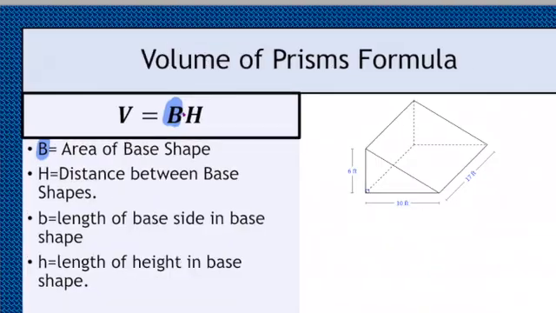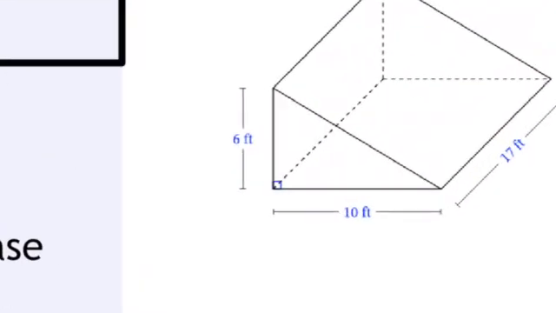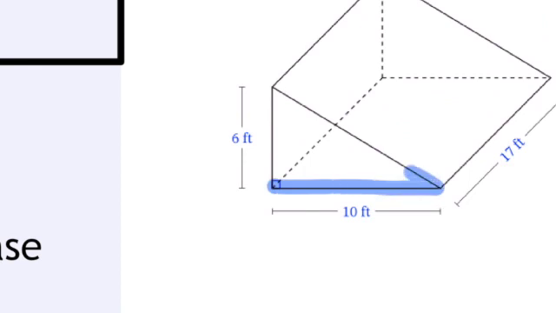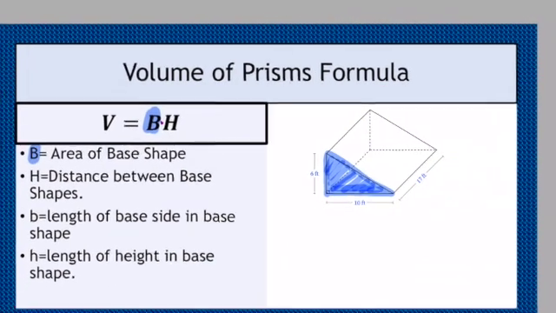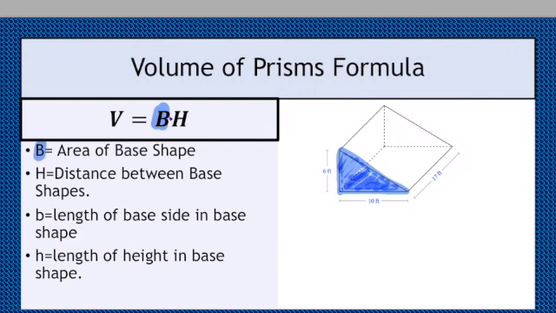So if I look at this prism over here, we kind of looked at this one earlier, this would be the base shape. Whenever it says find the area of the base shape, I have to actually find the area of that shape.